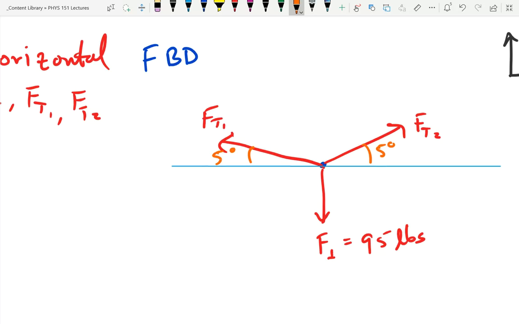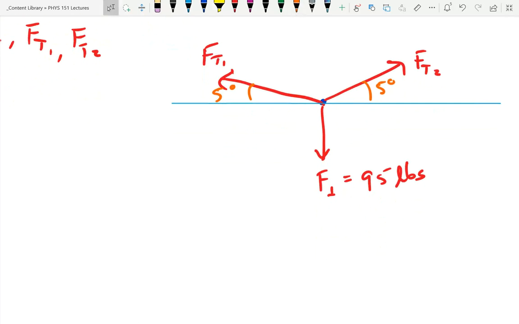What was the purpose of the free body diagram? Well, it's important to identify the forces so we can apply Newton's second law. So now I apply Newton's second law. Sum of the forces equals mass times acceleration.